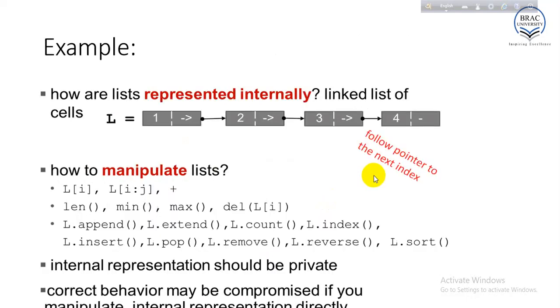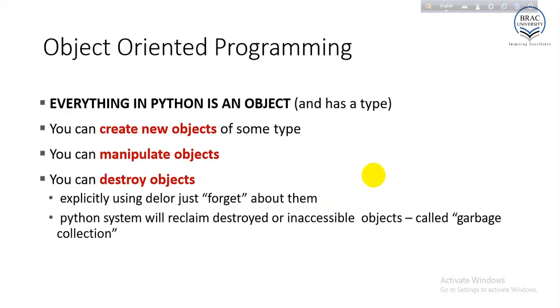Now what we have understood from here is that everything in Python is an object and obviously has a type. So you can create new objects, manipulate objects, and destroy objects. We will see how to create and manipulate objects and create classes also, but we already know how to destroy objects.